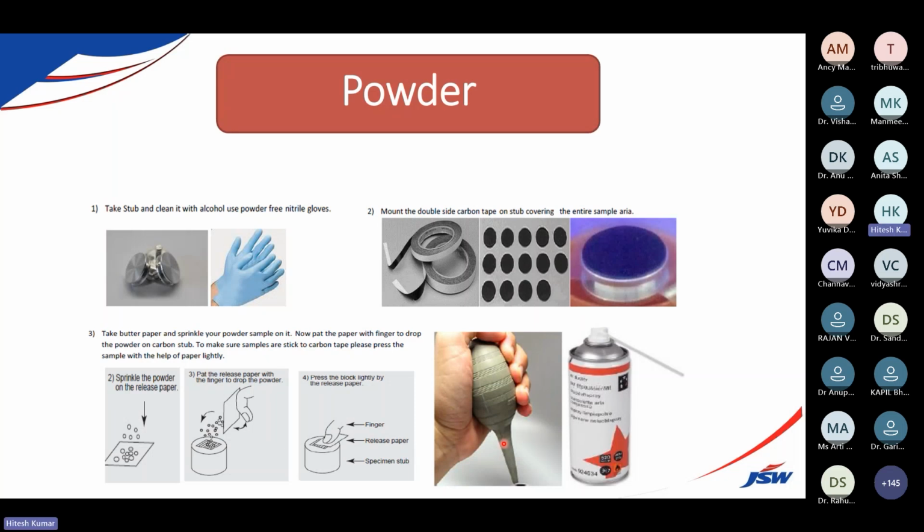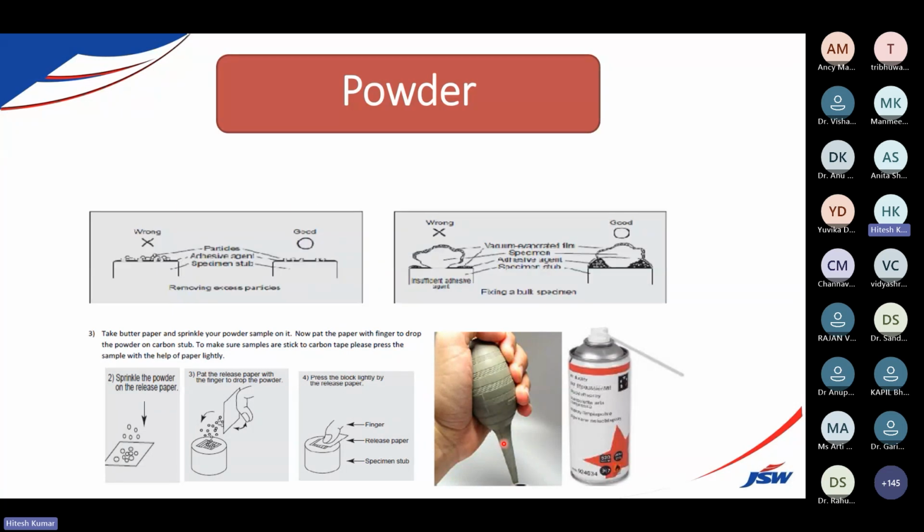So you need to take care of these things during scanning electron microscopy. Otherwise, it will affect and contaminate your aperture, and every 6 months or 1 year you need to change the aperture. Basically, you need good adhesive particles, and the loose particles should be removed.